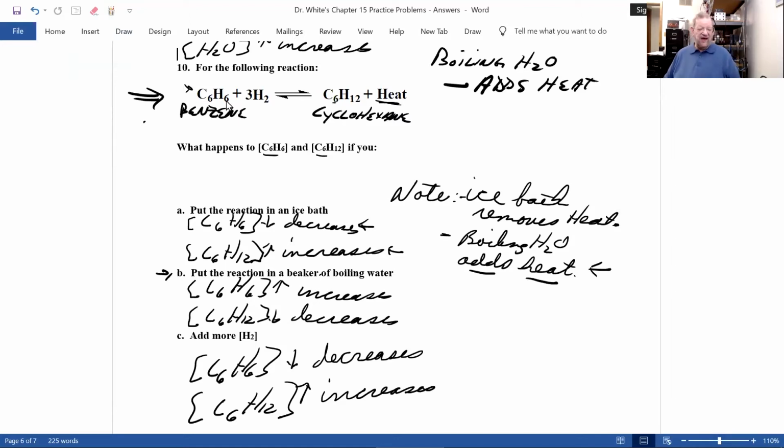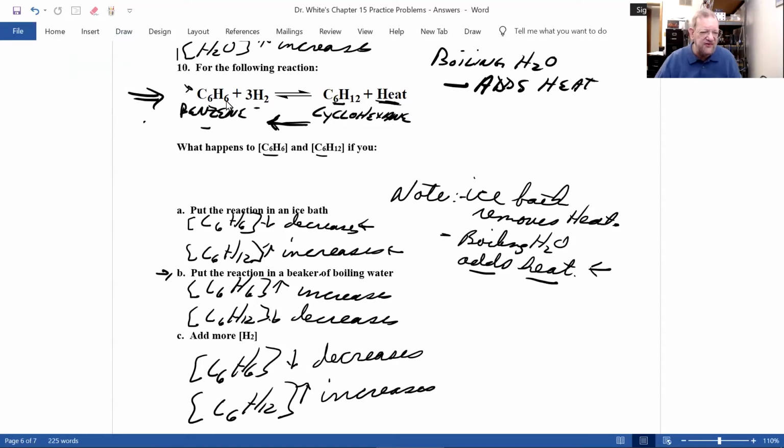And because of that, now the reaction equilibrium says, oh no, I have too much heat. I got to get rid of some of this excess heat. So how does it do that? It shifts this way. Cyclohexane C6H12 reacts with the heat to make more benzene and hydrogen.